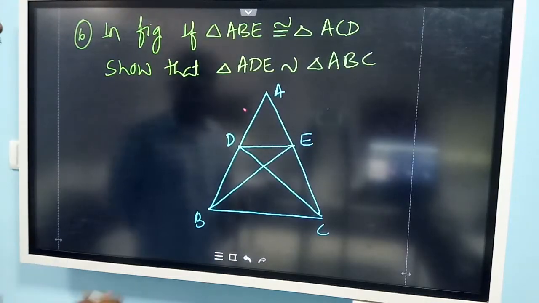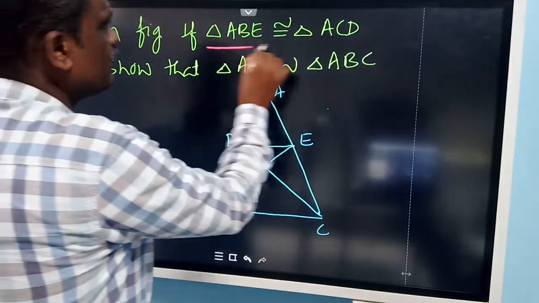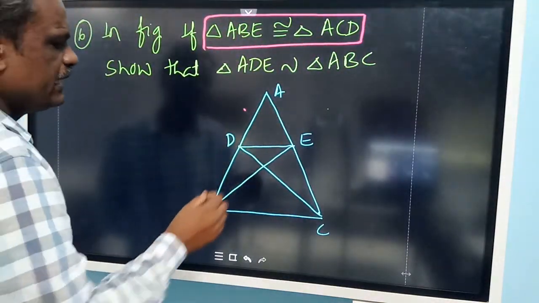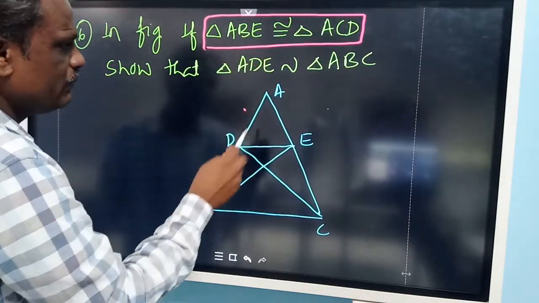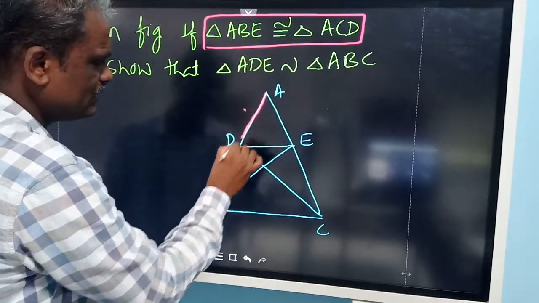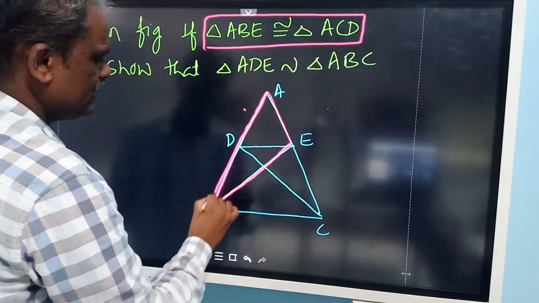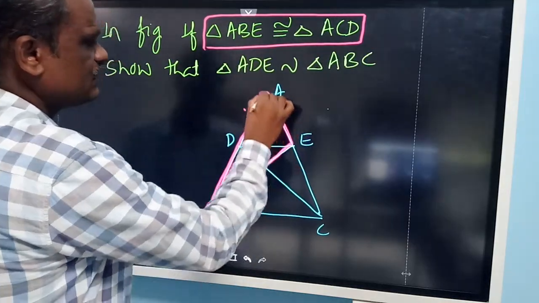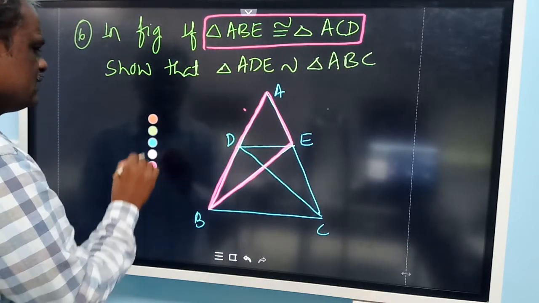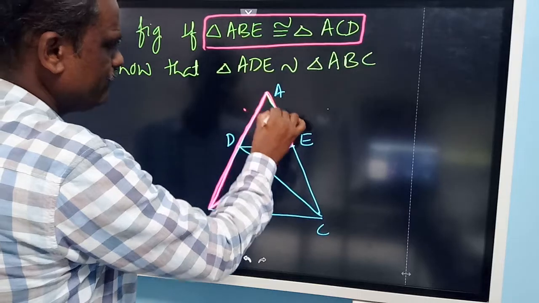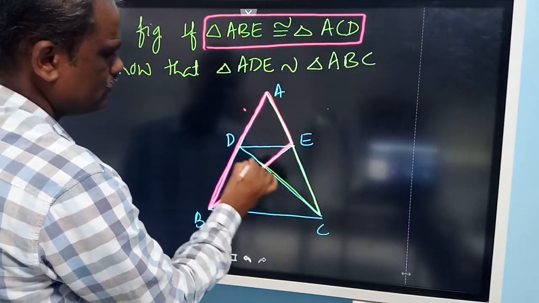Sixth question. We have triangle ABE congruent to triangle ACD. What is the triangle ABE? I am going to highlight that in this diagram. ABE is a triangle, given congruent to ACD. ACD means this triangle.